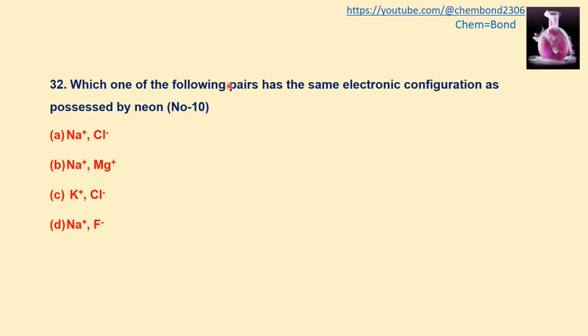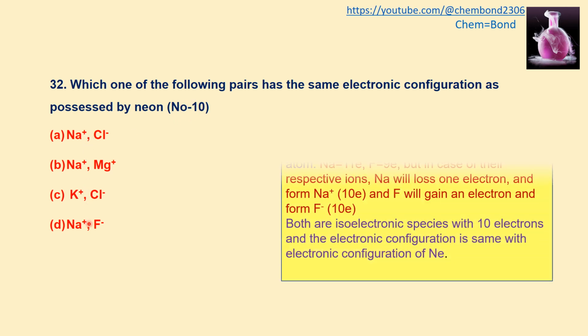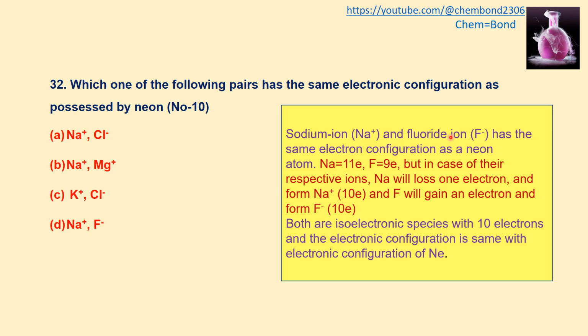Which one of the following pairs has the same electronic configuration as neon, which has atomic number 10? There are four pairs given. The sodium ion and the fluoride ion have the same electronic configuration. Sodium has 11 electrons, but the ion has lost 1 electron, so it becomes 10, the same as neon.